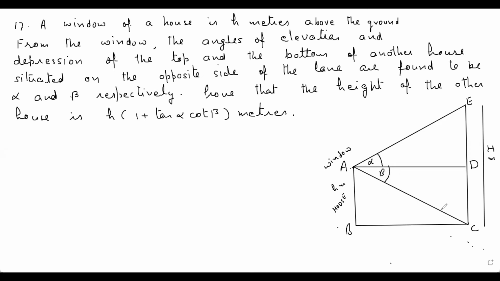Now, if this angle is beta, then this angle is also beta, because alternate angles are equal. Now, if AB is h meter, then CD is h meter. Now, if EC is capital H meter and CD is small h meter, then ED will be H minus h meter.